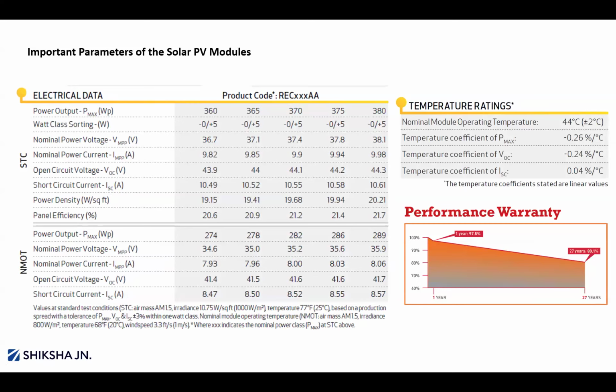Even if it comes out as 363, that module is considered a 360 watt peak module, and its parameters will be like this: nominal power voltage, which is called Vmpp, voltage at maximum power point, 36.7.